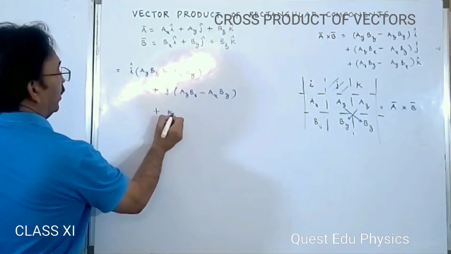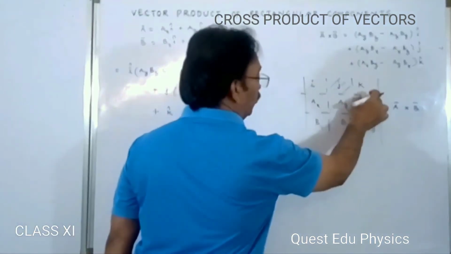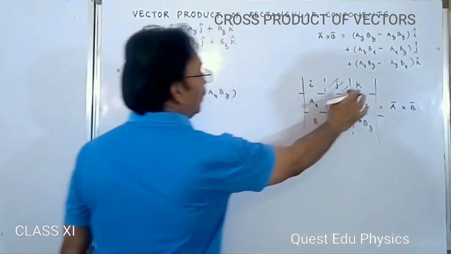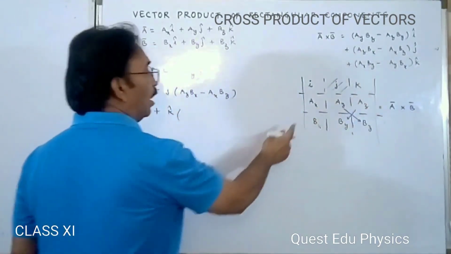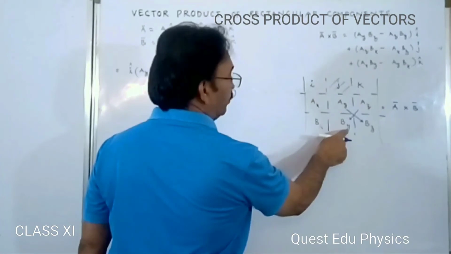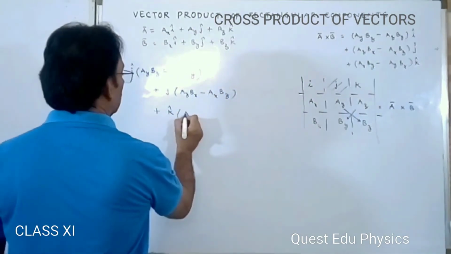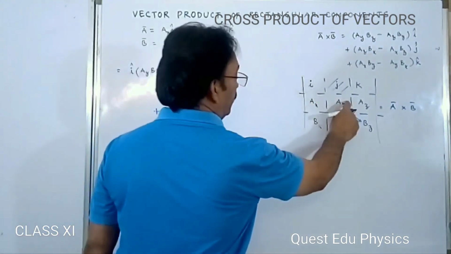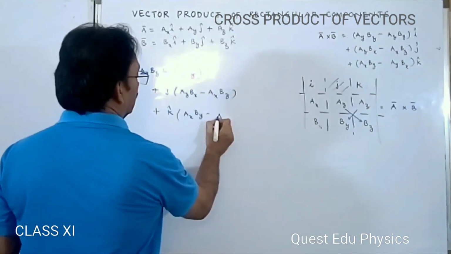K cap. This time we have to mask this and this, and take the K. Take the first term as AX BY and AY BX.